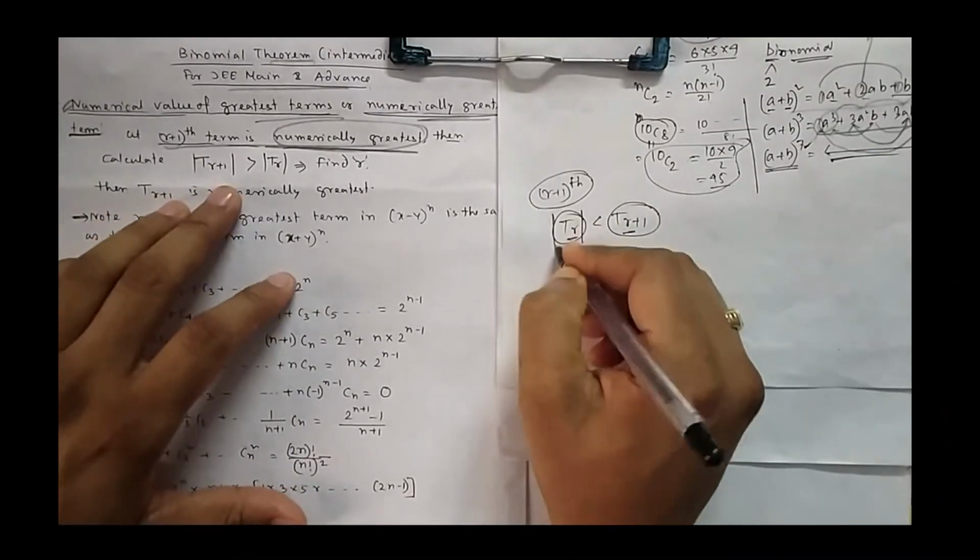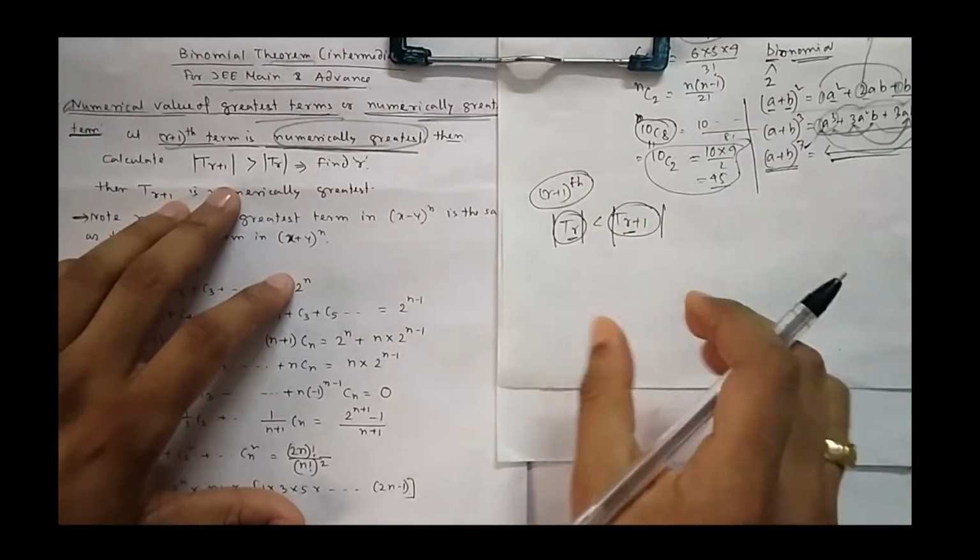You take absolute values, because we only want to find the numerically greatest value.